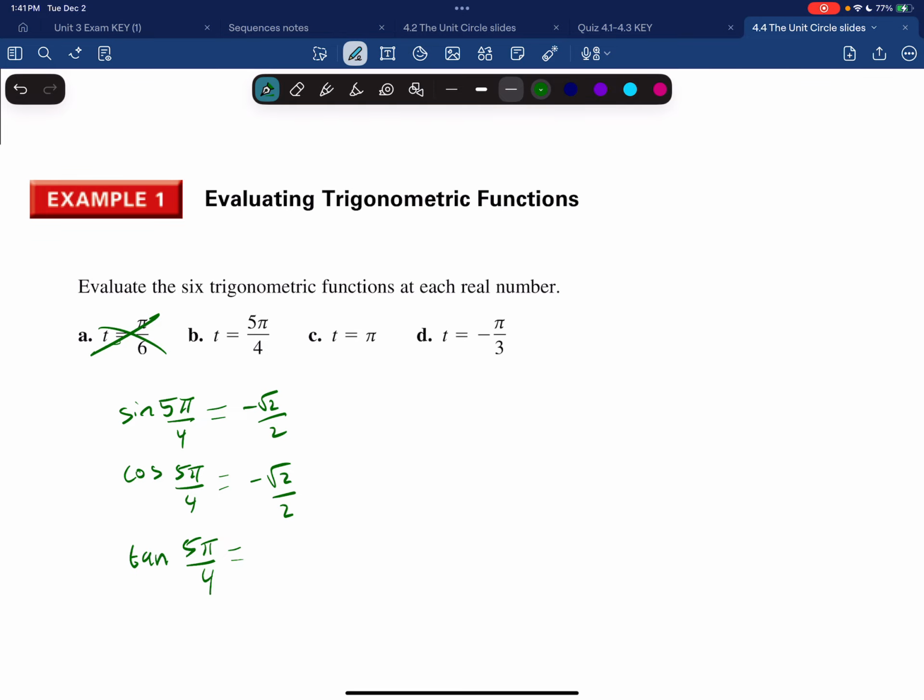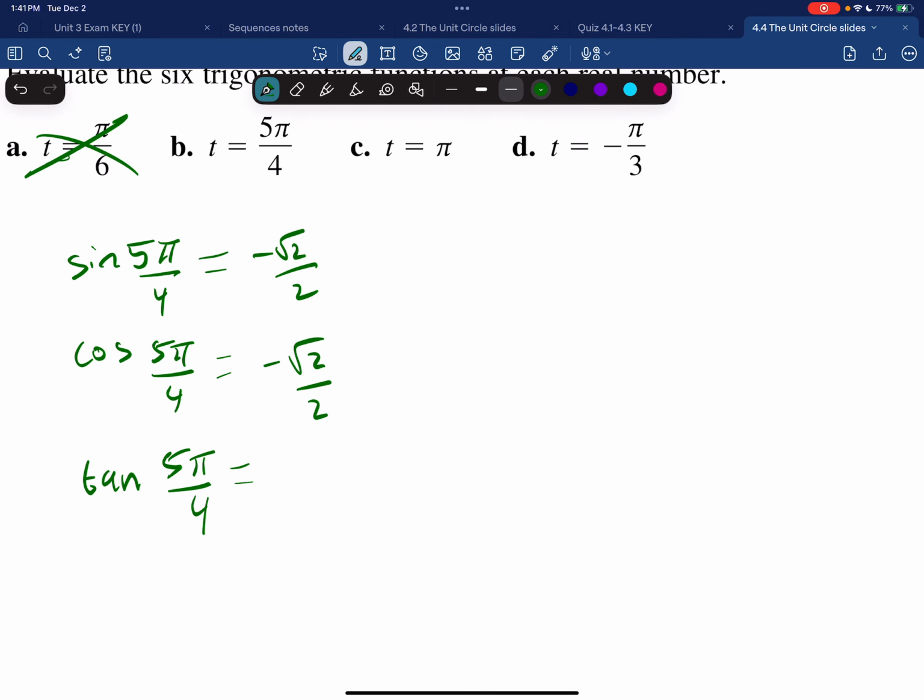Tangent is sine divided by cosine, remember? But since sine and cosine are the same, when we divide them, we're going to get positive 1. Okay? If we then look at cosecant of 5 pi over 4, secant 5 pi over 4, and cotangent of 5 pi over 4, those are just going to be the reciprocals of each one of these.